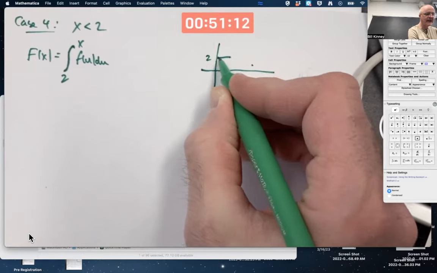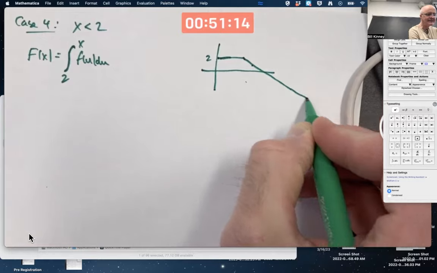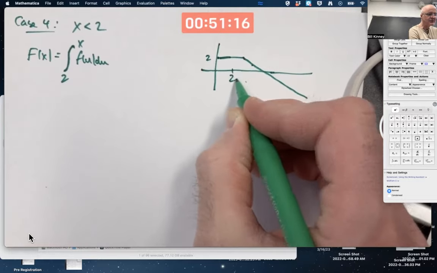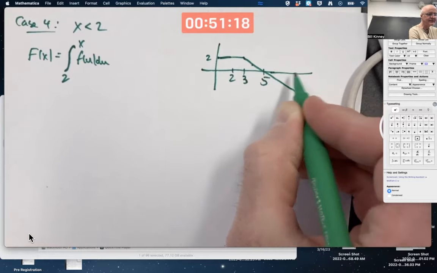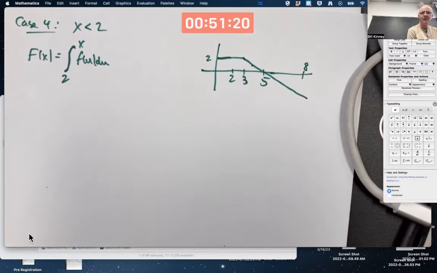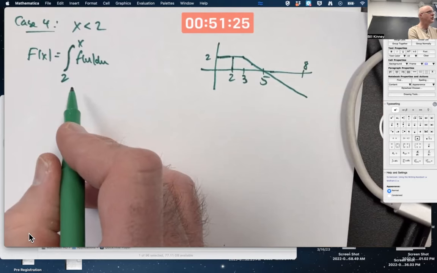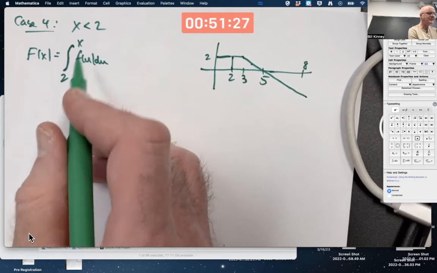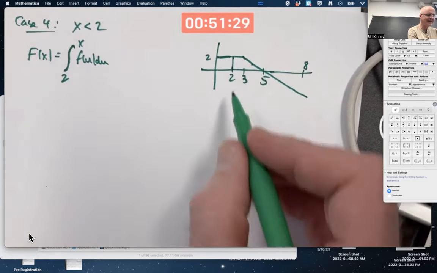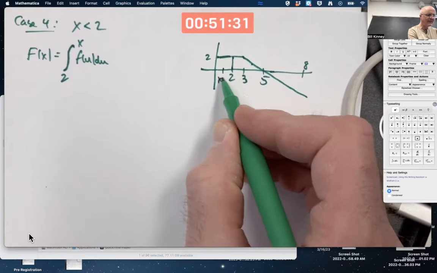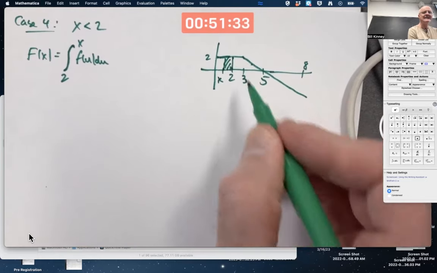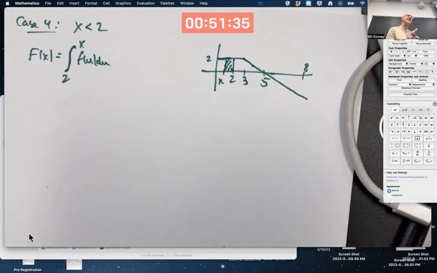It still looks the same, like this. That's 2, this is 3, this is 5, this is 8. We are still starting the integral at a lower limit of 2 and going up to x, but now x is less than 2. Does that mean I have to figure out this area? Yes, but with a caveat.